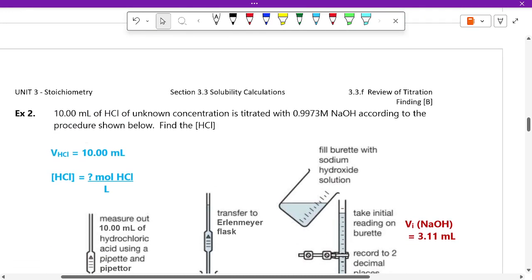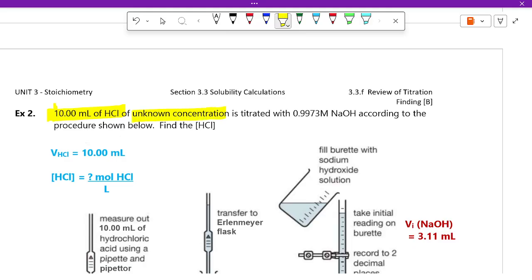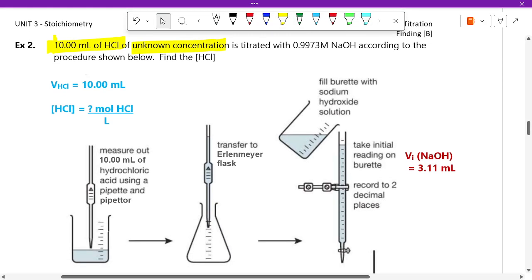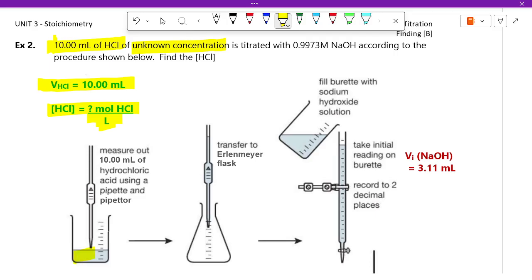All right, so here's a little picture of what's happening. We have 10 milliliters of HCl of unknown concentration. So this is our volume of our HCl here, and there's our concentration. This is a 10 milliliter volumetric pipette.